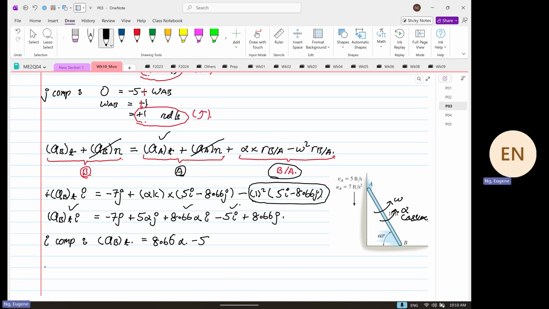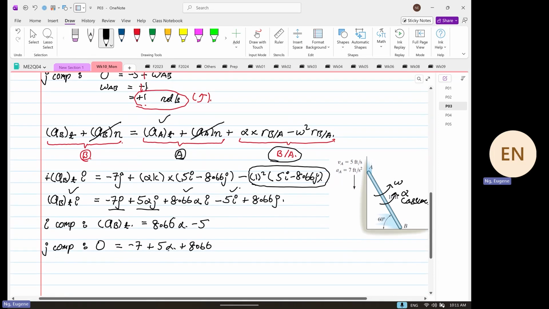Then we look at our J component. We have 0, we have minus 7, plus 5 alpha, and then we have plus 8.66.